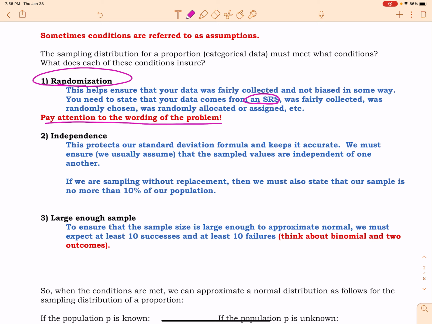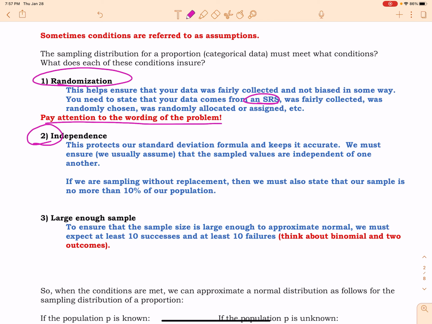The second thing is independence. Now, there's this idea that our sample needs to be independent from all of our samples, and each individual item within the sample needs to be independent. So in order to talk about both of those, we're going to break this condition into two parts.